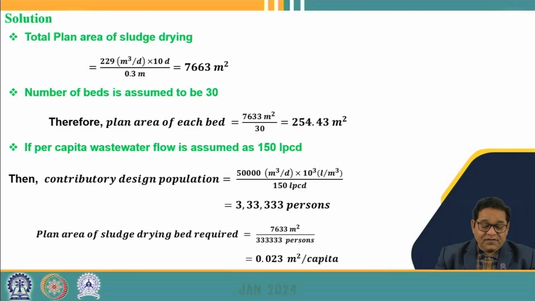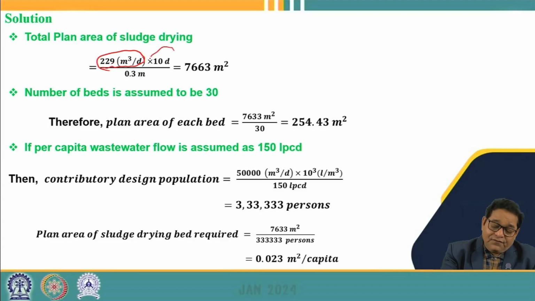So here first of all, depending upon the volume of the sludge that will be generated in one cycle, that is the amount of the sludge that is generated per day.